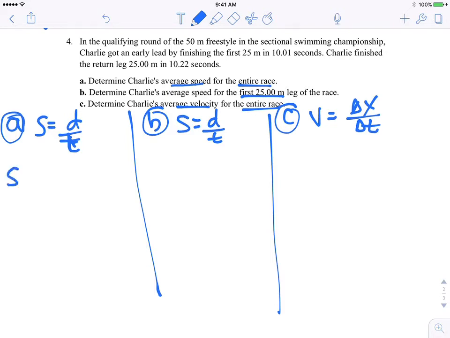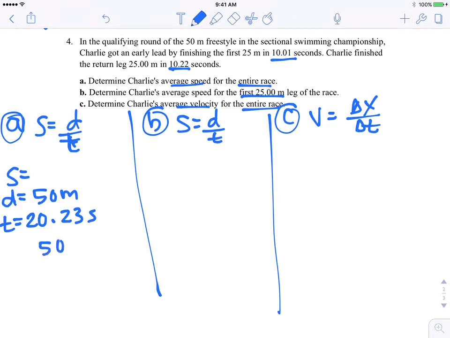So let's list our knowns and unknowns. The entire race was 50 meters. His total time was 10.01 plus 10.22. So that ends up with 20.23 seconds.